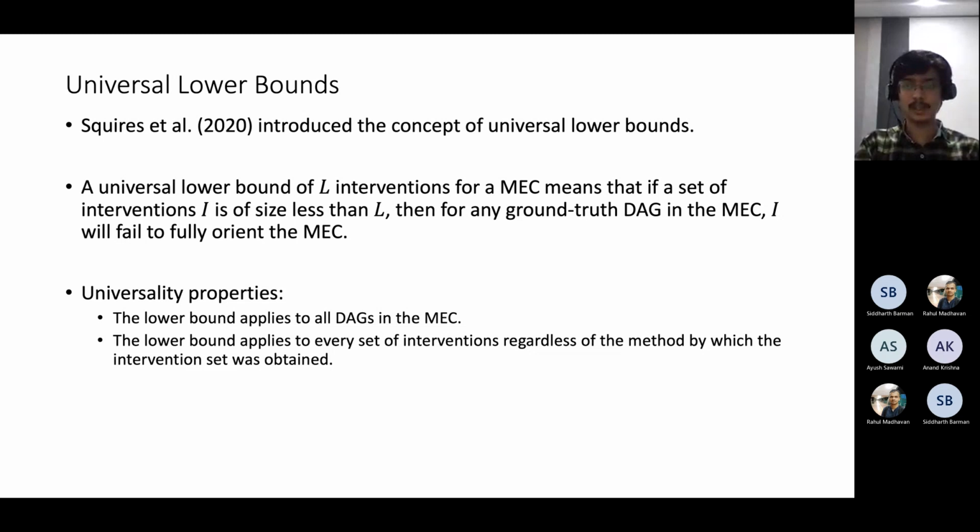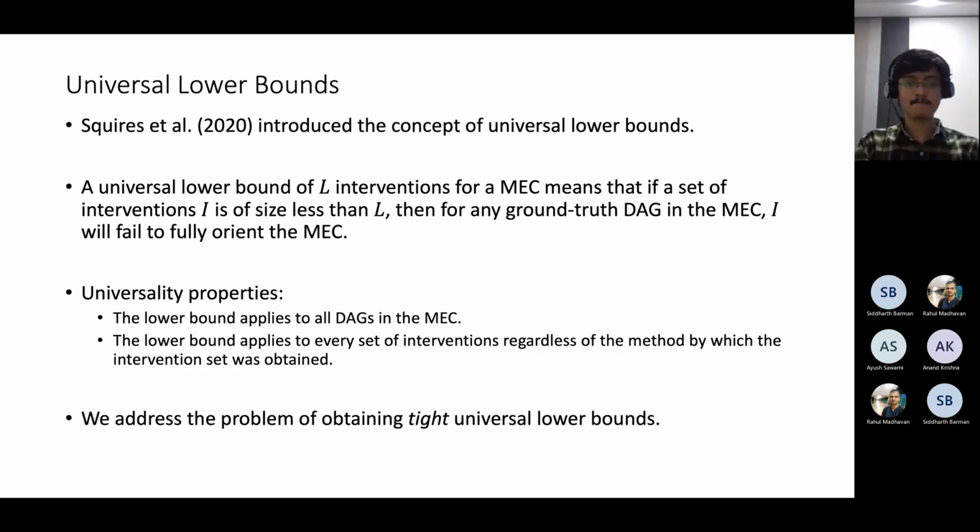But here, this universal lower bound would be applicable to all the DAGs in the MEC, even something like a best DAG. So in this work, we address the problem of obtaining tight universal lower bounds. I'll discuss what I mean by tight here.